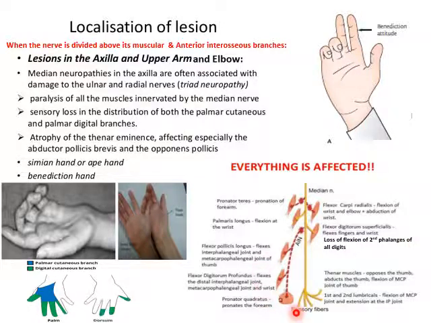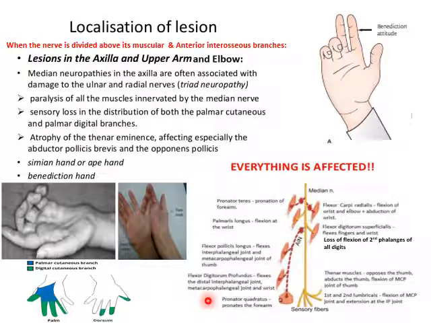Coming to the deep muscles of the forearm, the flexor pollicis longus loses its flexion at the interphalangeal joint as well as the metacarpophalangeal joint of the thumb, as it is inserted at the base of the terminal phalanx of the thumb.